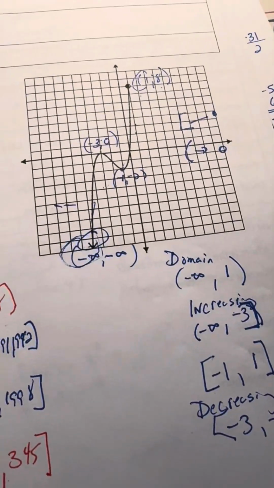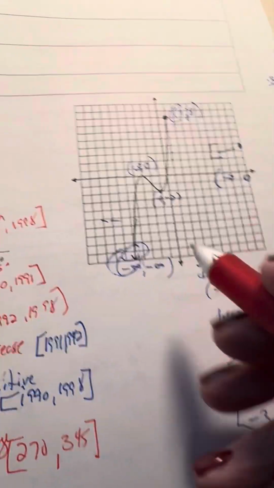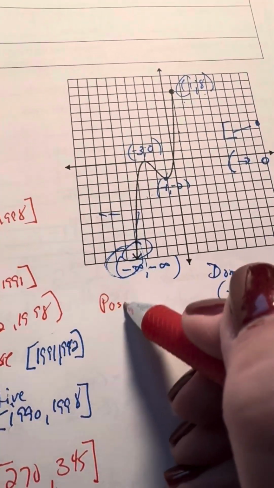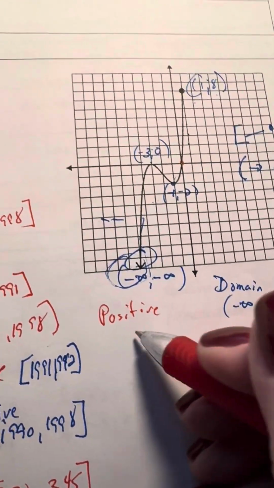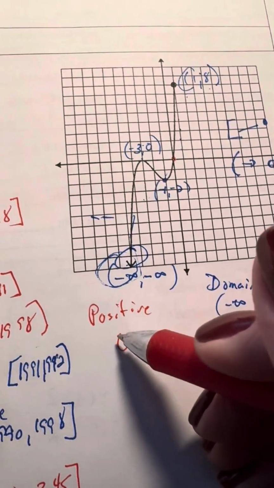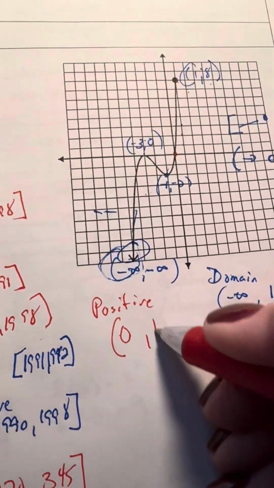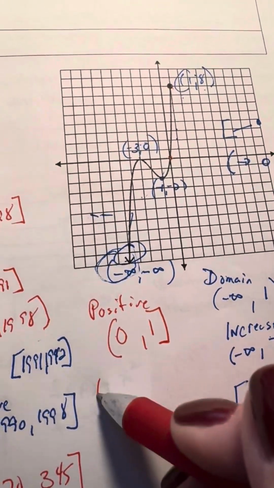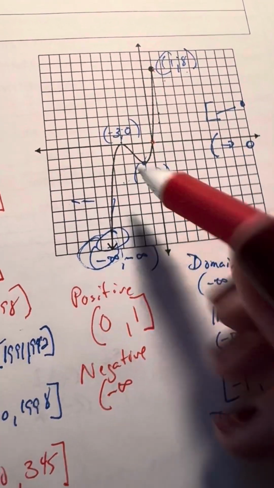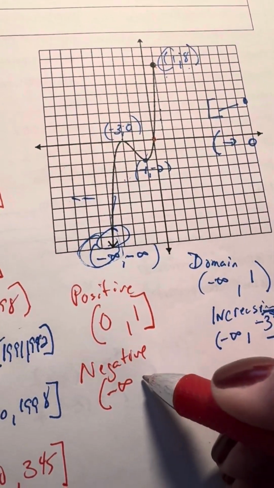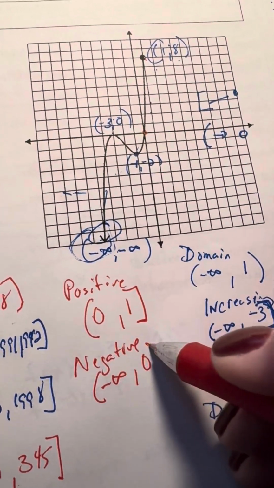Okay, now, positive would be above the x-axis. So positive would be, it starts being above at 0. It's not actually above at 0, which is one of those exceptions, and it goes to 1. It is negative from -infinity, I'm oversimplifying here, to 0.